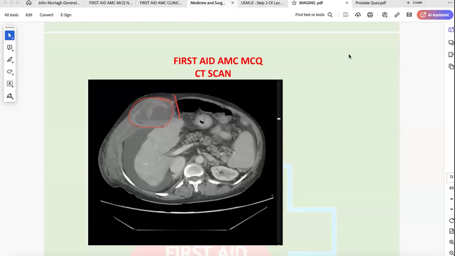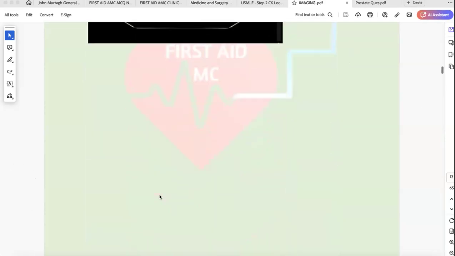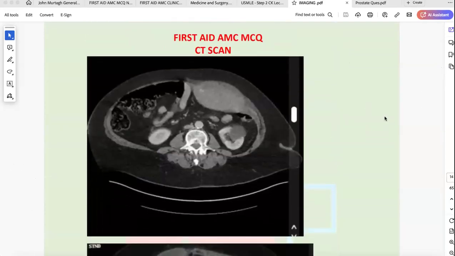Okay. You can also see this side has got the hematoma over there. So history is very important because you are not supposed to be a radiologist for this exam.